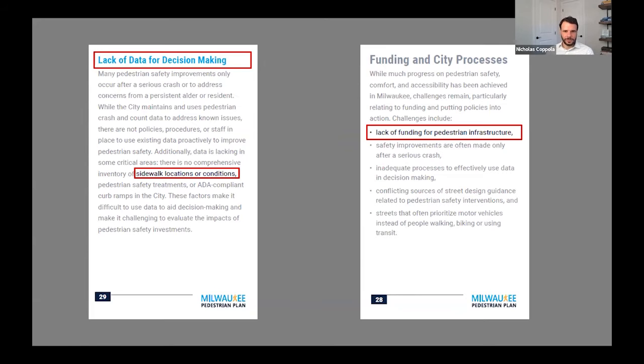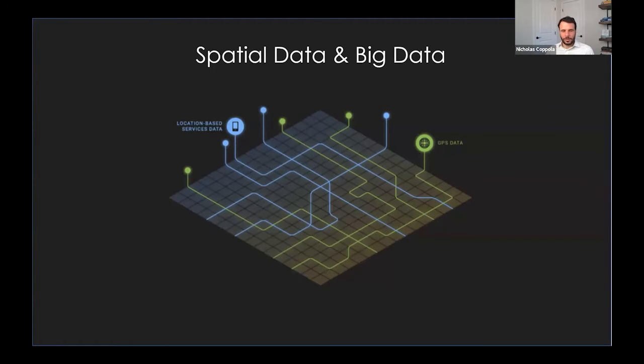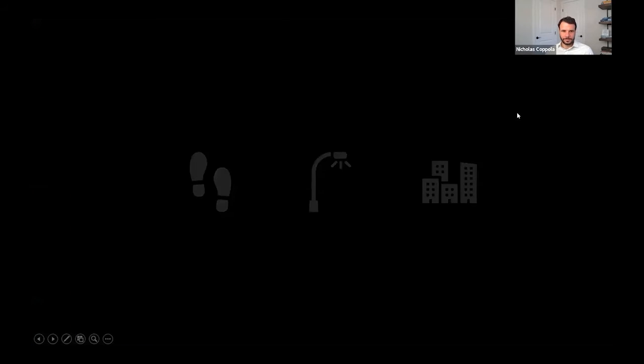And as you can see here, they specifically point out a lot of pedestrian infrastructure such as sidewalks and curb ramps. So what we did was we incorporated the use of spatial data and big data in our research to help fill this academic gap, as well as help with the issues that we were seeing cities running into.